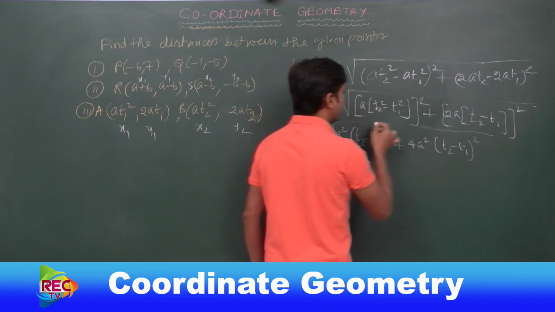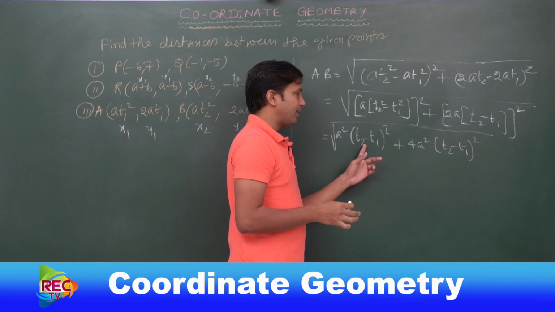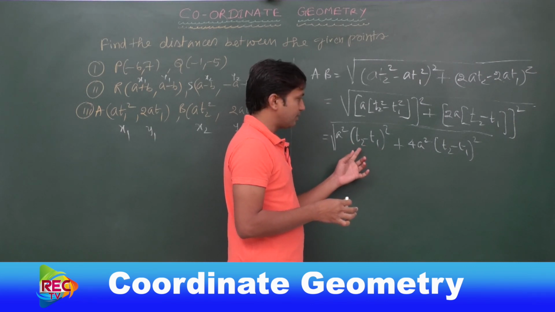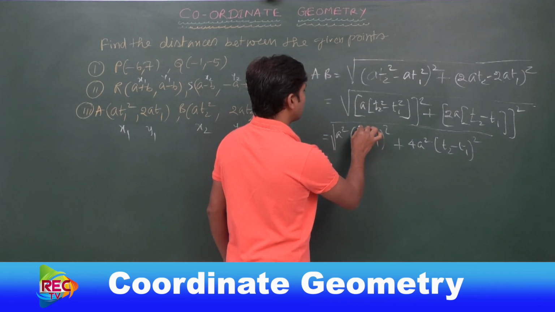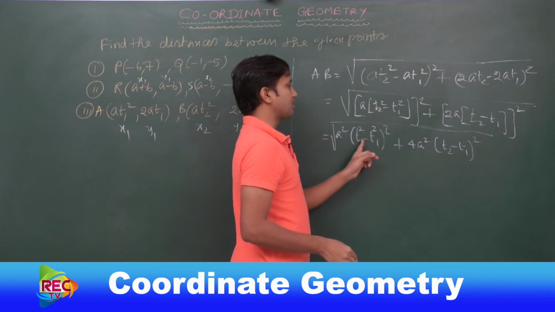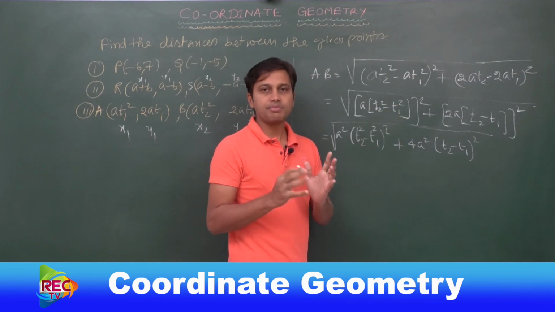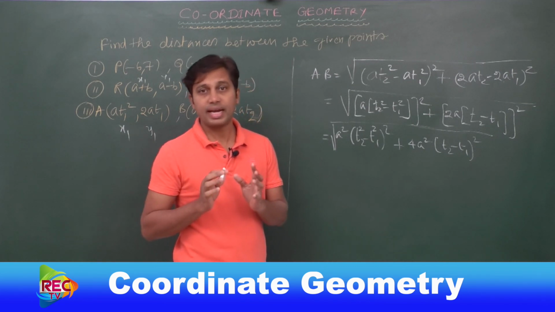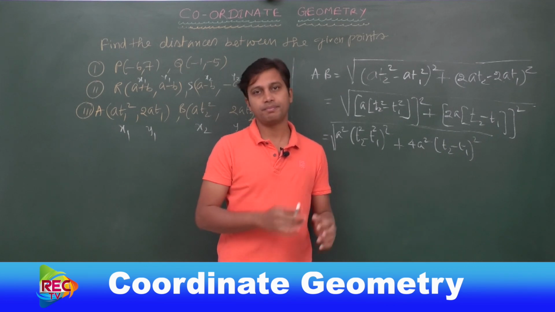Now what can we do here? Now do something. Here we can split this into, see this is in which form? t2 square minus t1 square, no? So here this is in the form of what? A square minus b square, which is a standard algebraic identity, and we can split this into a plus b into a minus b form.